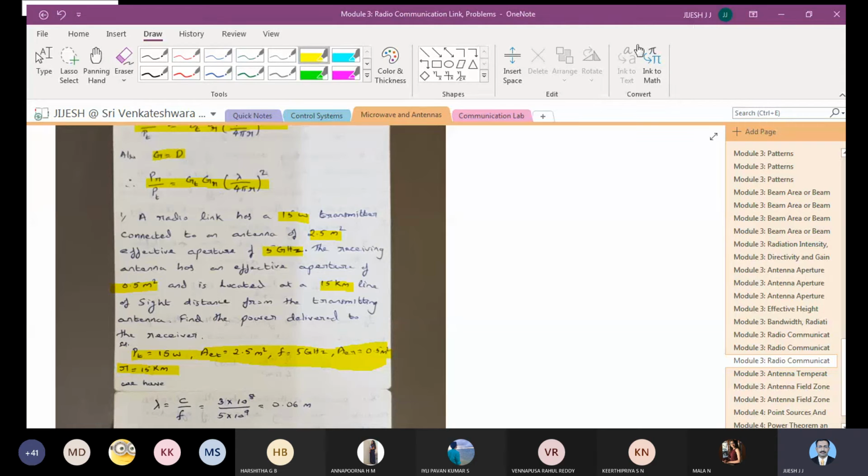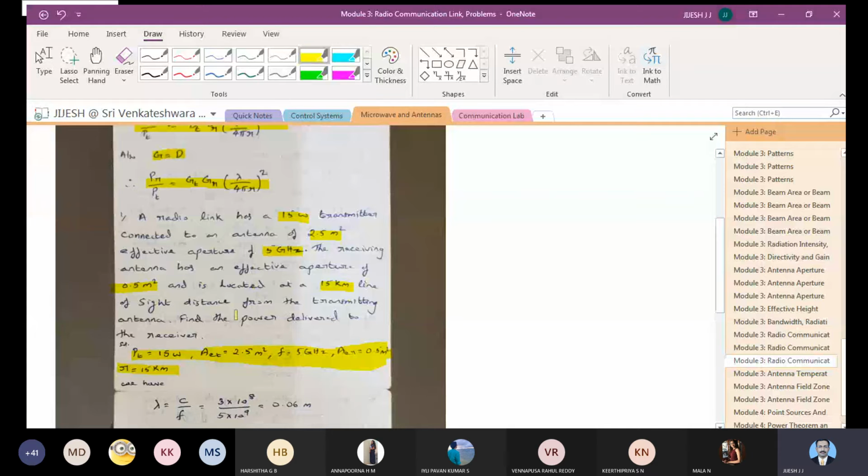So all of you complete that problem. We have this problem. A radio link has a 15 watt transmitter at 5 gigahertz with a transmitting antenna of 2.5 meter square effective aperture. The receiving antenna has an effective aperture of 0.5 meter square and is located at a 15-kilometer line of sight distance from the transmitting antenna.